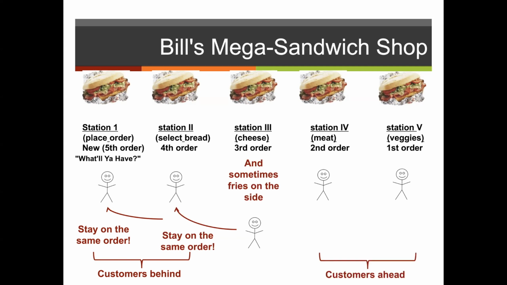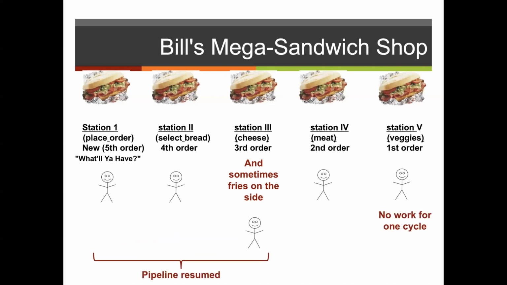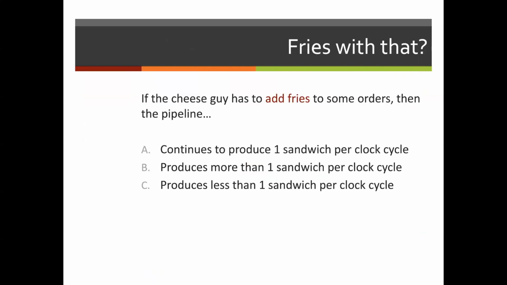Now we have customers waiting for their orders to be taken, and workers that have no more orders to process. So some workers don't have work as station 3 has to go get the fries. We'll have what we call a break in our cycles, as no work is occurring for station 4 and station 5 during this process. This results in what we call a stall.